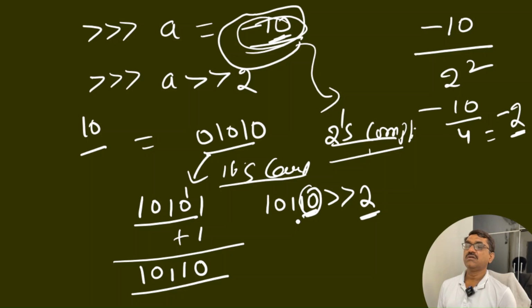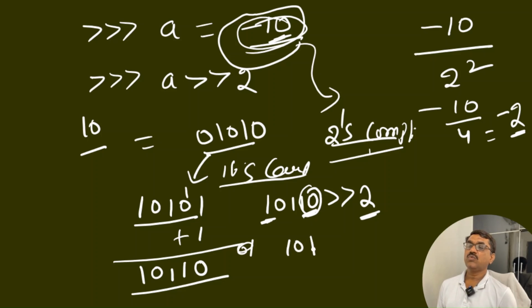These two bits are discarded. Now on the left side we have 101. What about this bit? The leftmost bit is the sign bit, right? The sign bit is not changed. When we discard the right side 2 bits, we get the left side 2 bits vacant.